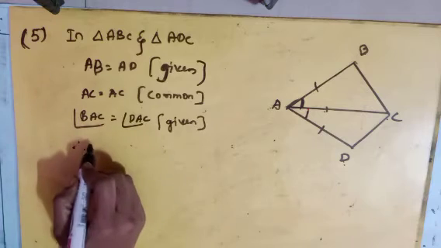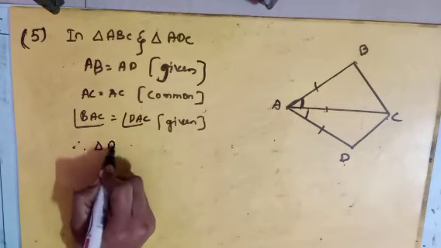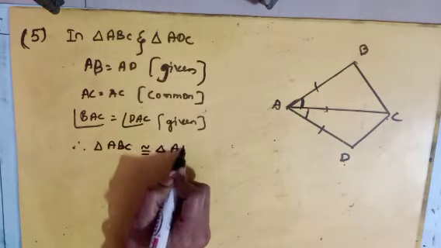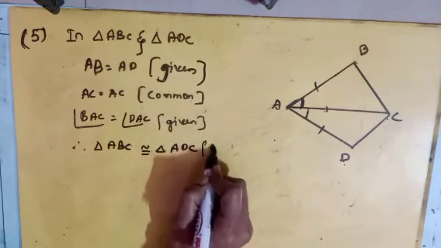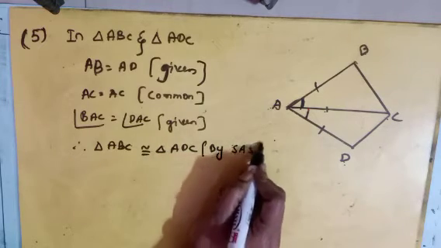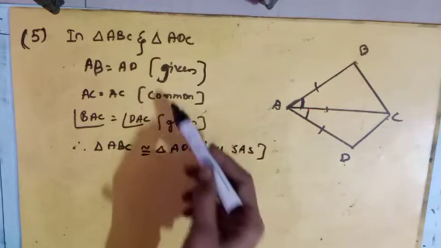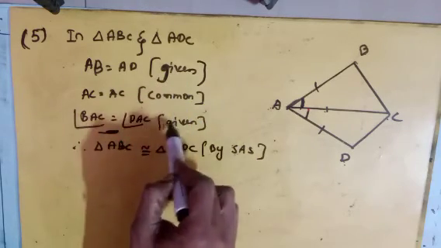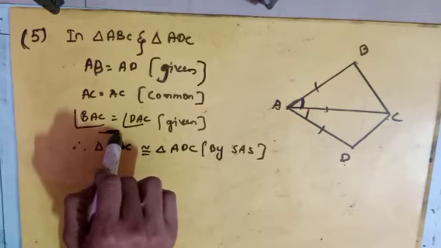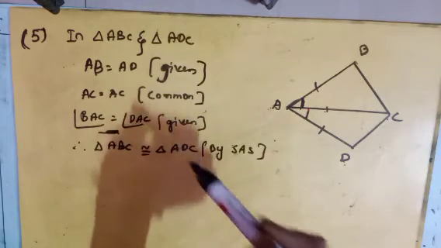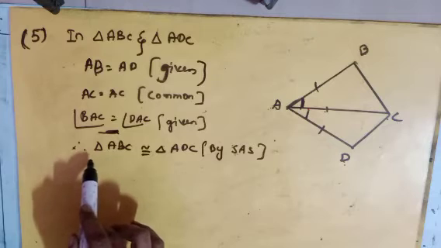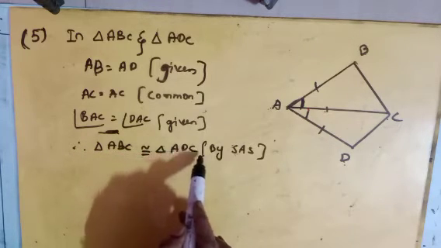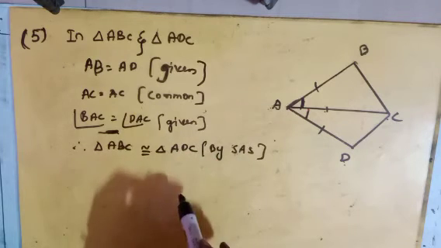Therefore, triangle ABC is congruent to triangle ADC by SAS congruency condition. According to SAS, two sides and one angle should be included between the two sides. So we conclude that triangle ABC is congruent to triangle ADC by SAS congruency condition.